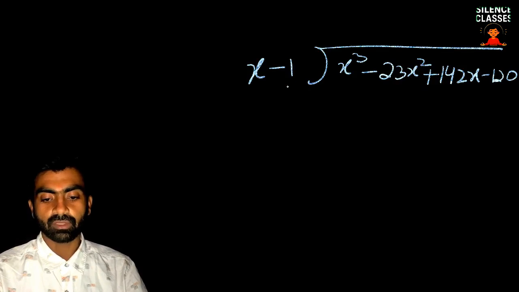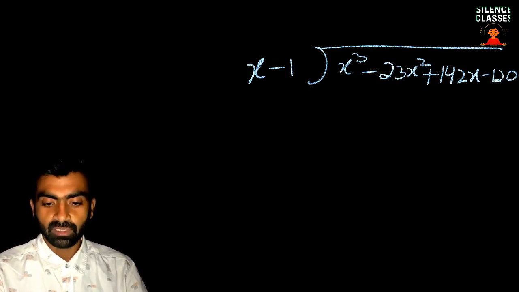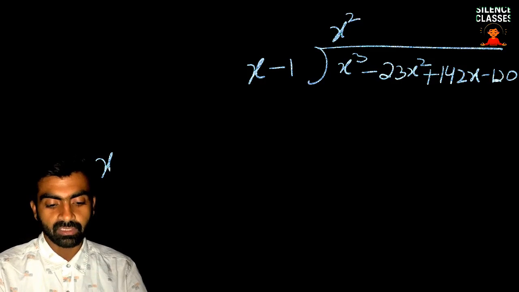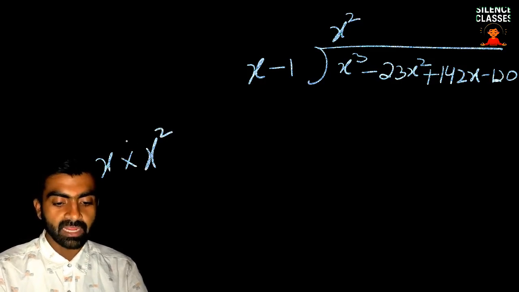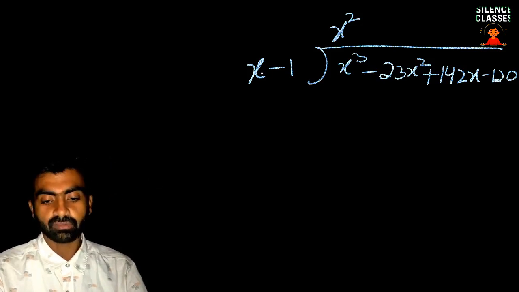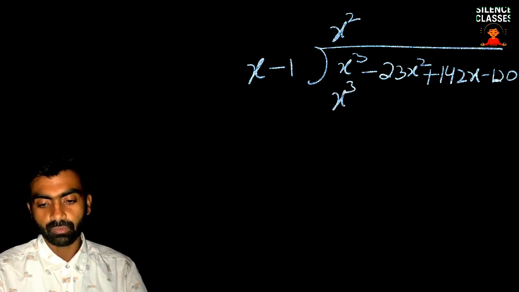So by x minus 1 what we have to get, we have to get x cube. So we will multiply this by x square multiplied by x. First of all, when the base is the same, we will add the powers. So over here power is 1, so 1 plus 2 will become 3. Okay, so x multiplied by x square will become x cube.